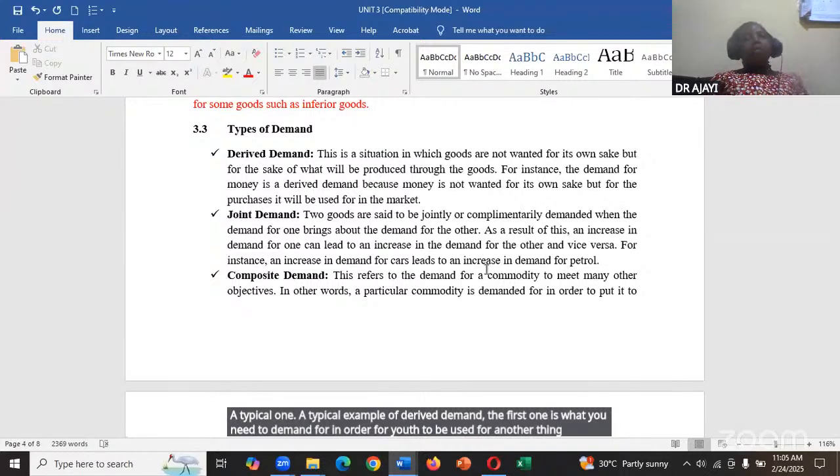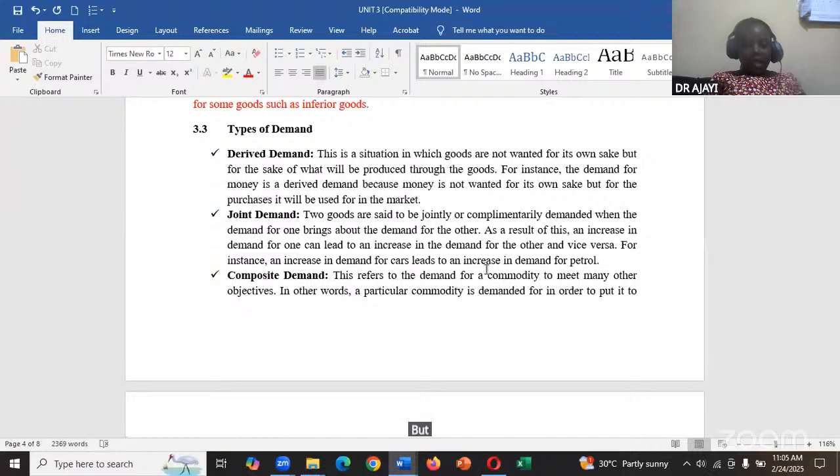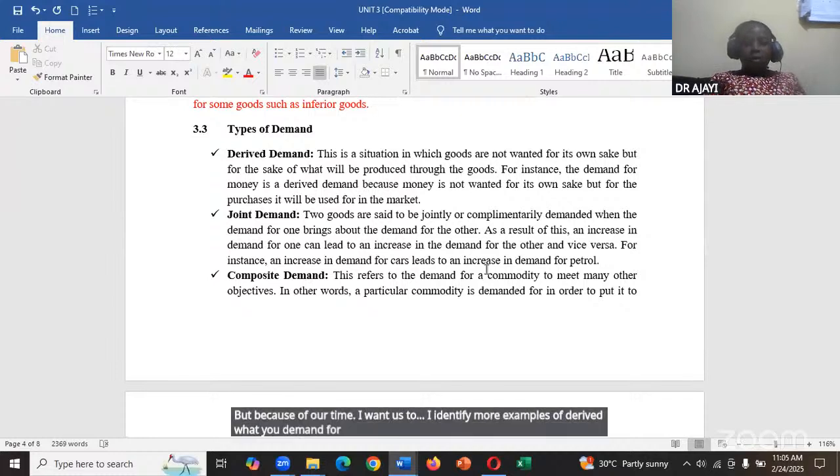I would have loved us to elaborate more on this, but because of our time, I want us to identify more examples of derived demand: what you demand for, not to use it for itself, but because of what you will use it for.